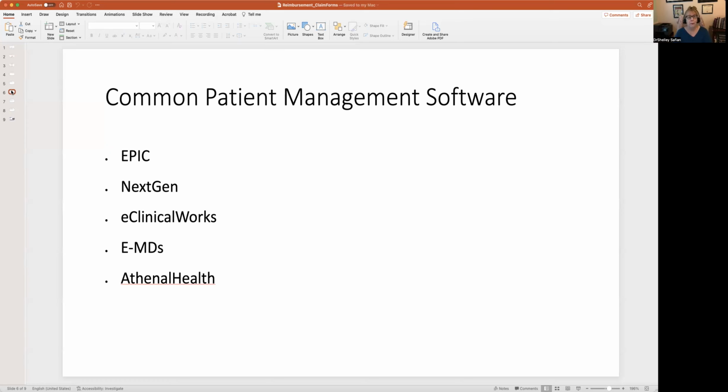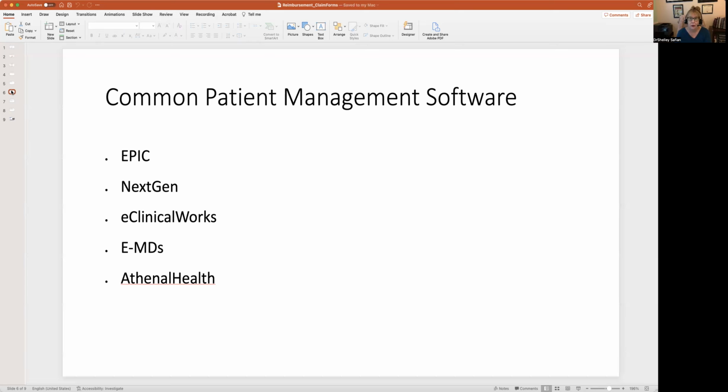I also want you to be prepared should you go get a job at a small physician's office or a small clinic with maybe one physician or two physicians. They may still be a little behind the times, and I am depending upon you to educate them and encourage them to check out and choose and implement patient management software, because I promise you it'll get them paid faster.